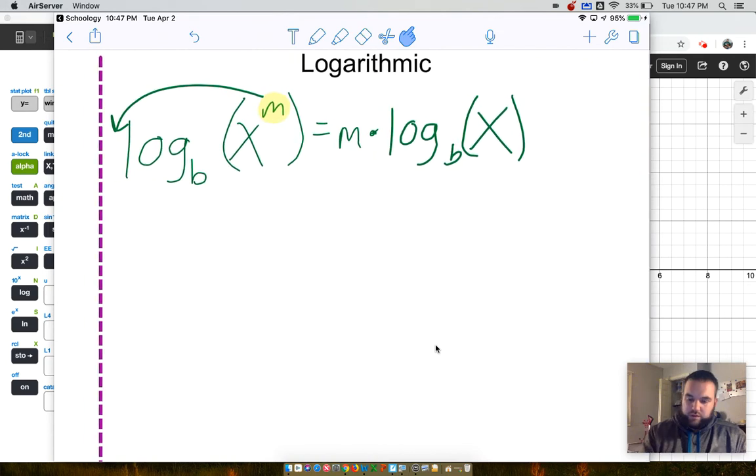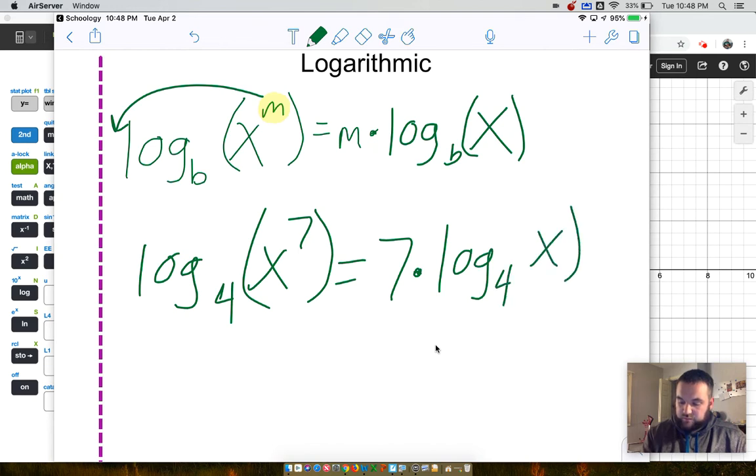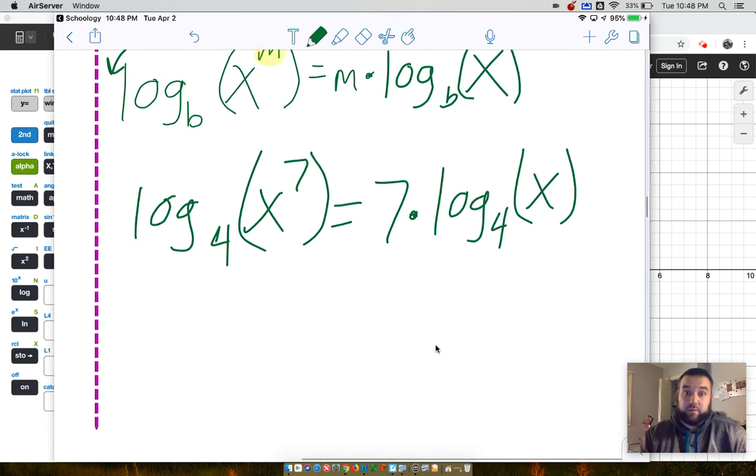For example, let's say you had log base 4 of, let's just use x again, x to the 7th power. You could rewrite that as 7 times log base 4 of x. And the reverse is true.